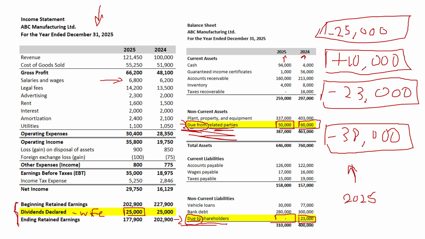So if you wanted to figure out the distribution for 2024, you need to get your hands on the statement for the year ended, not 2025, but December 31st, 2024, because then you can see what the balance was in 2023. Okay, hopefully that makes sense.